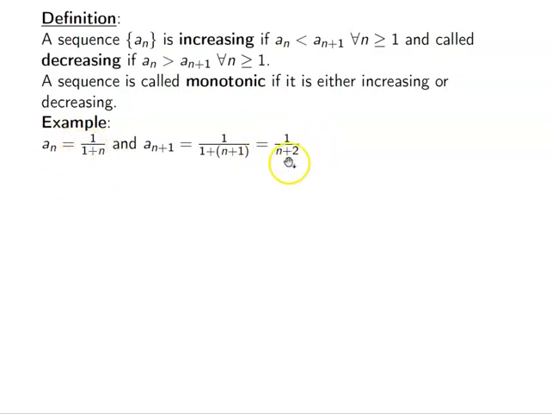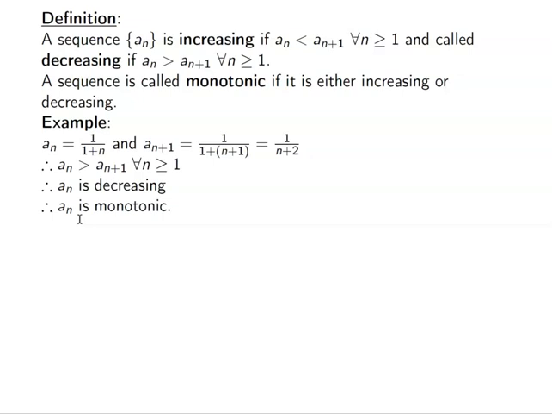So that means that this is going to continue to get larger and larger on the bottom, which means smaller in value, right? So my new terms are always less than my initial terms for every value of n from 1 on. Therefore, my function is decreasing. Therefore, it is monotonic.